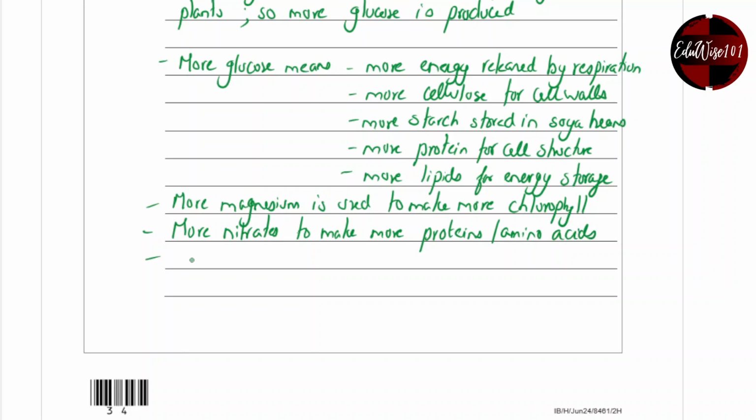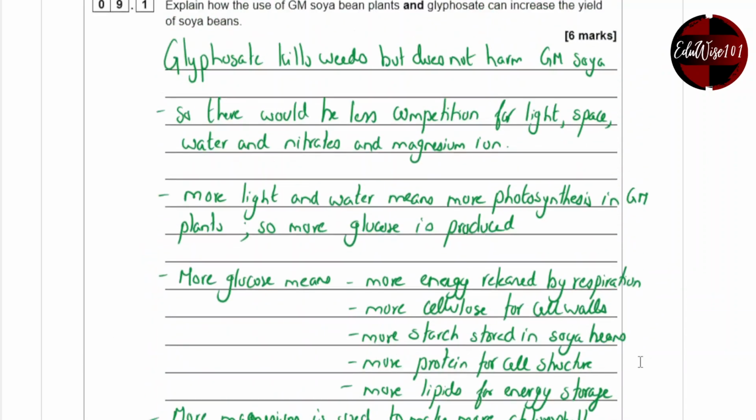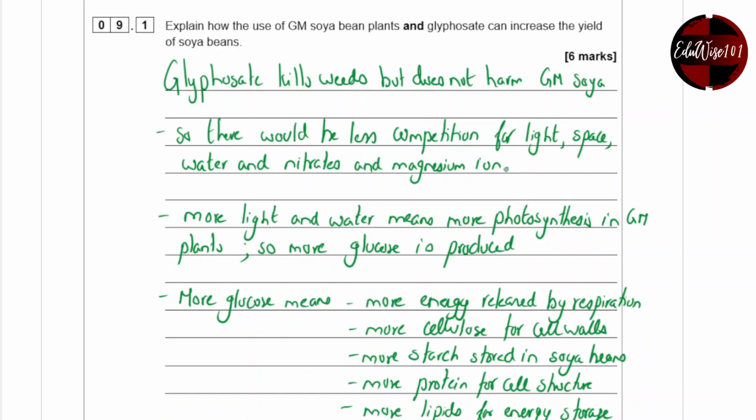Right? And I forgot one thing to mention here. Let's go back a little bit. And phosphates as well. Right? Plants need, if you remember the fertilizers, P, N, K. P stands for phosphates, N for nitrates, and K for potassium.